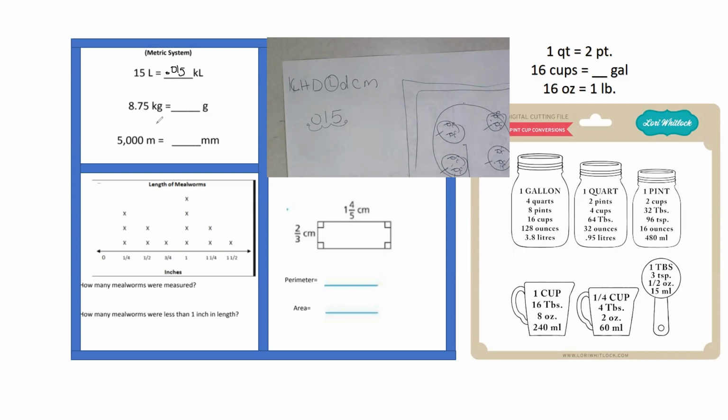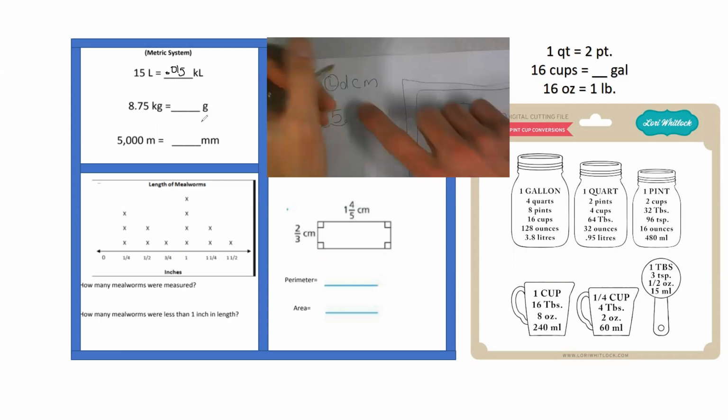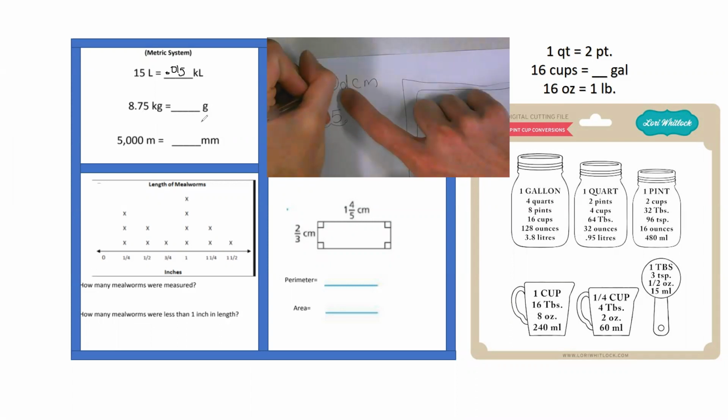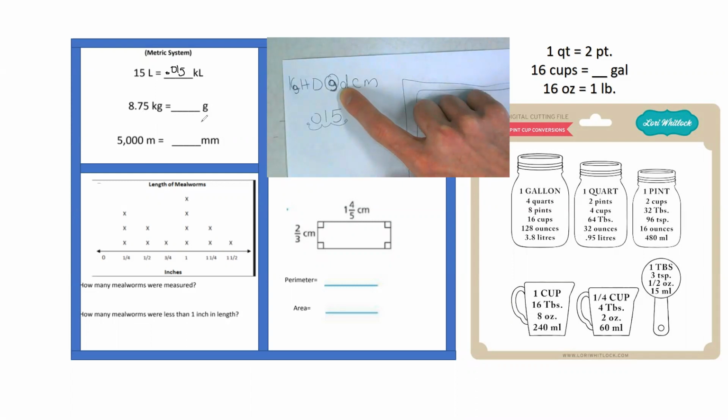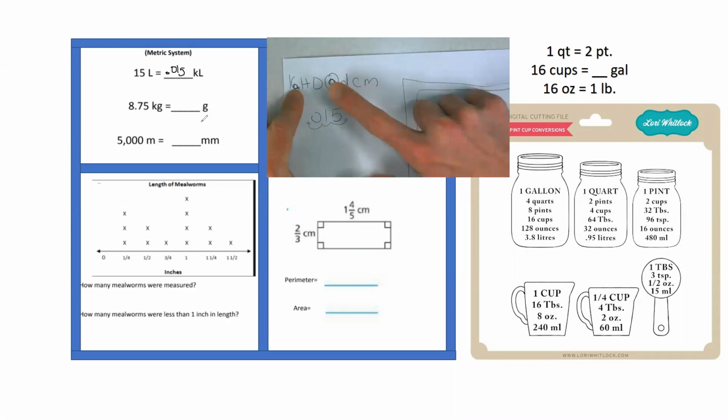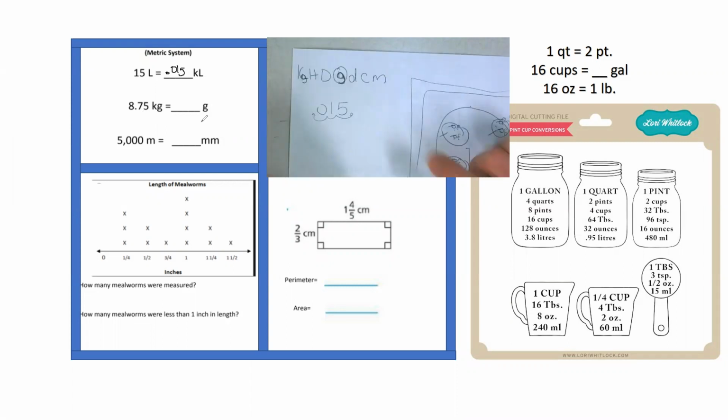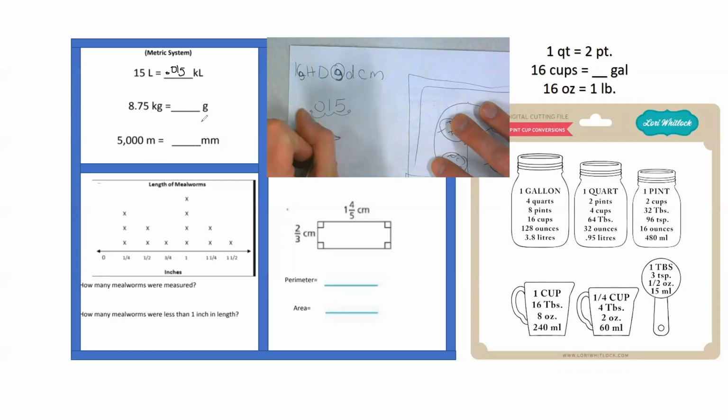And then what about kg to g? Kg to g, well, everything, instead of it being liters, it would be grams. And kg would be over here, right? And if we're starting with kilograms and we're moving to grams, we're going to move left, 1, 2, 3. So we're going to go left, 3.